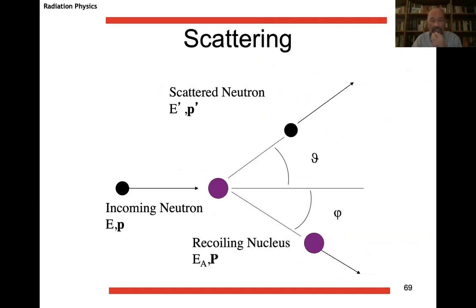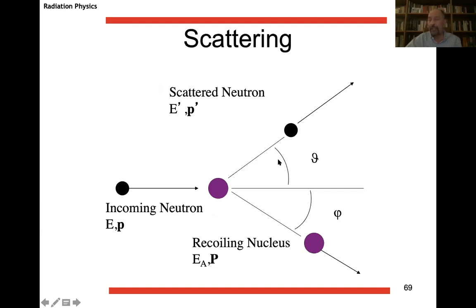So, of course, this is what happens when you have a scattering of neutrons. Now you have an incoming neutron, and then you will have a scattered neutron with an energy which, if it is elastic scattering, the energy and the momentum will now be reduced, and then you will have a recoiling nucleus at another angle.